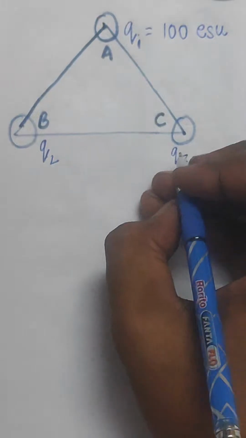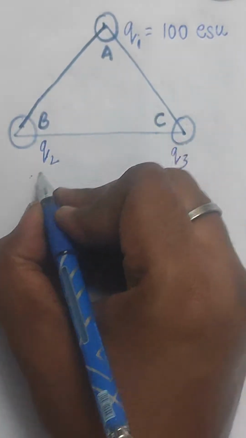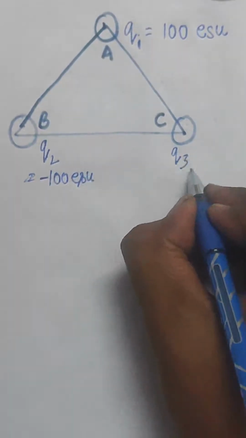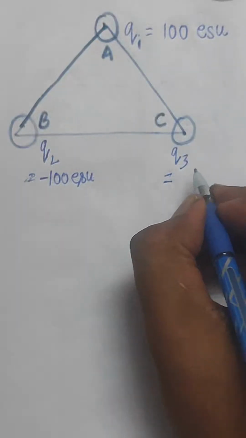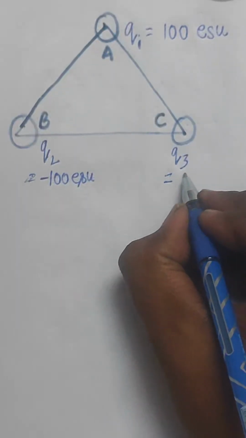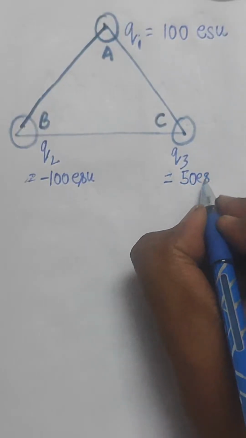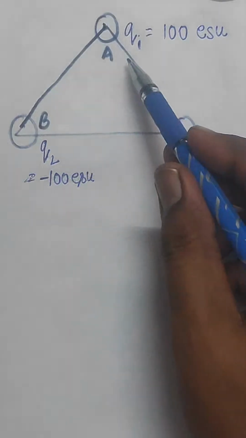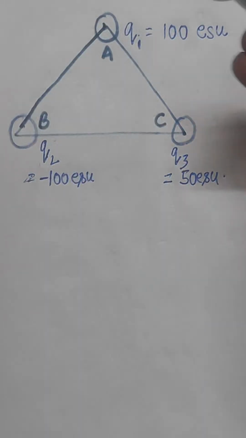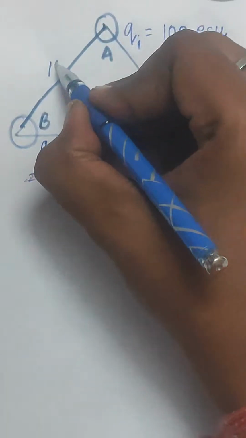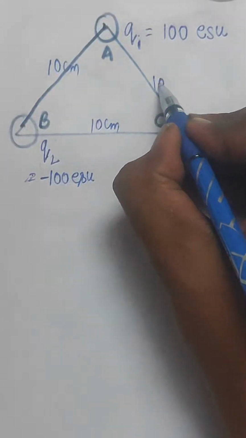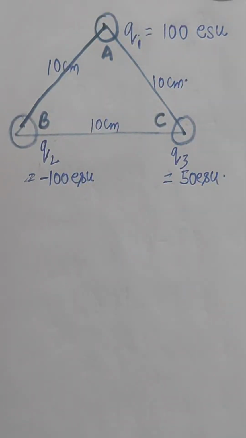Q2 is minus 100 ESU and Q3 is 50 ESU. These three charges are placed at the vertices of an equilateral triangle, and the side of this equilateral triangle is 10 centimeter. All the sides are equal, 10 centimeter each.